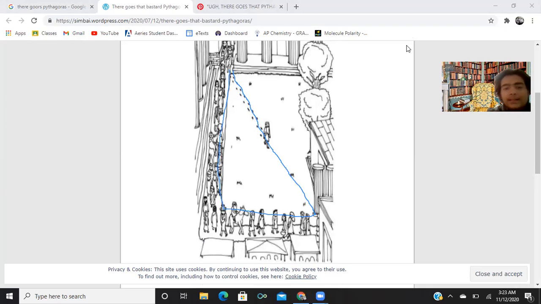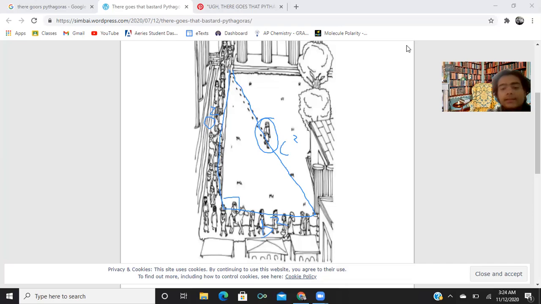As you can see, this guy, Pythagoras, is not in line with these guys, but instead he's taking what I wouldn't call a shortcut, but kind of like a shortcut. We know that it's a right triangle, and if both these sides squared will be equal to this side, it's kind of like a shortcut.